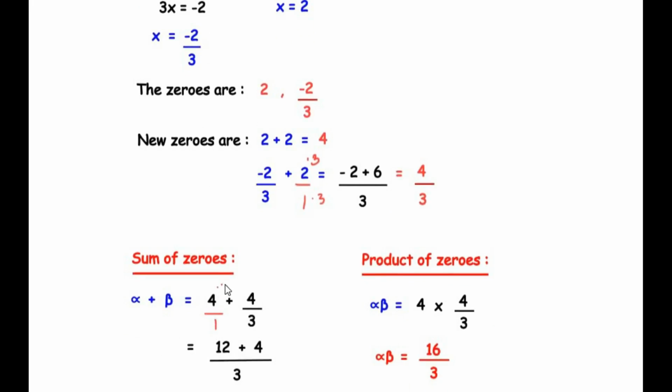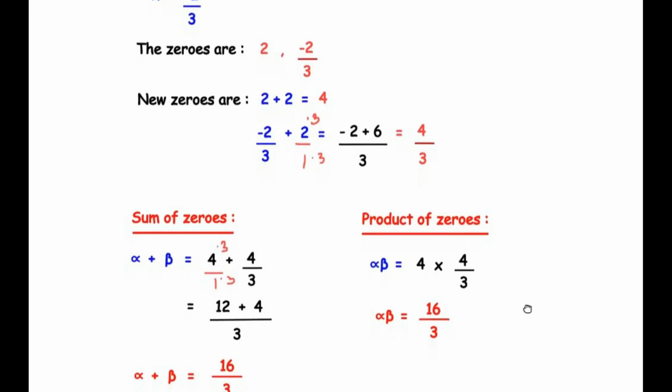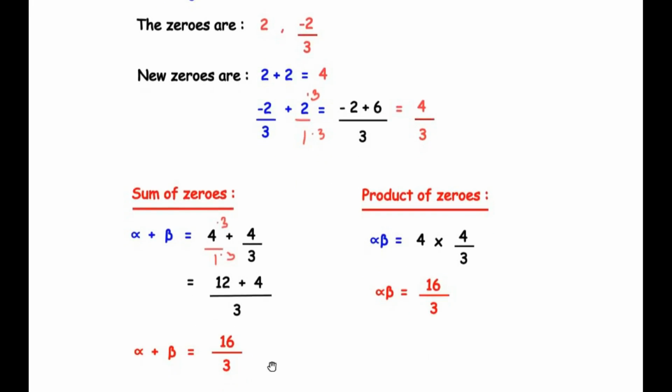So here 4 multiplies by 3 and 1 also multiplies by 3, giving us 4 times 3 as 12 plus 4 over a common denominator 3. So here the sum of the zeros, alpha plus beta, is equal to 12 plus 4 is 16 over 3. Now for product of zeros, we are going to multiply alpha and beta, that is 4 times 4 over 3. 4 times 4 gives us 16 over 3.